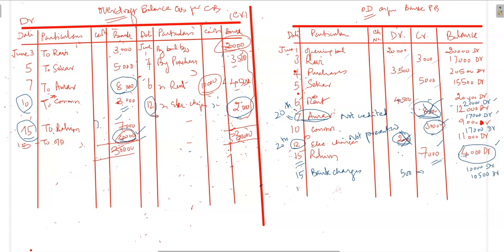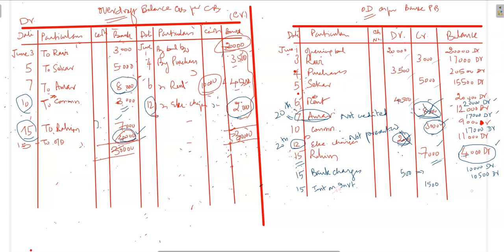And let us assume on the same day some interest on investment was collected and credited by the bank. So interest on investment credited in passbook, 1,500, let us assume.